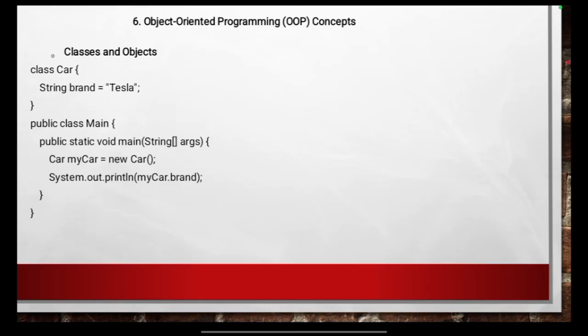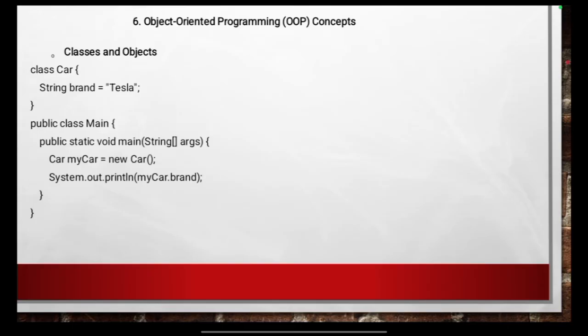Inside the Car class, we defined a field or instance variable called brand. This variable is of type String and is initialized with the value Tesla. This means that any Car object created will have a brand property with the value Tesla unless modified later.